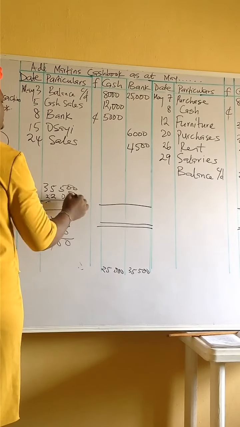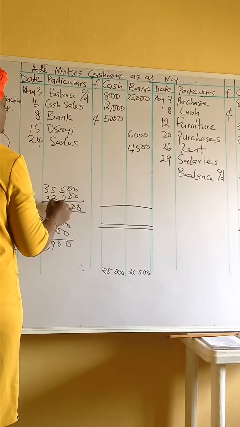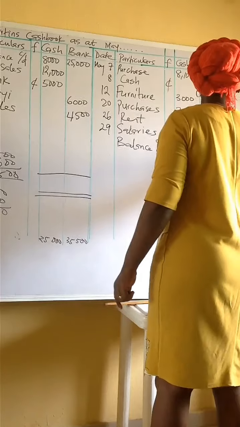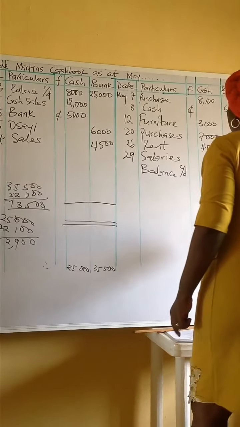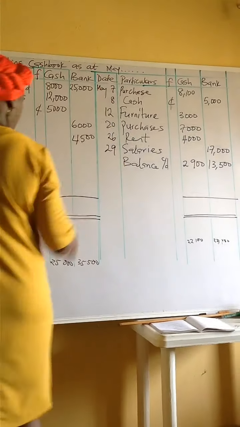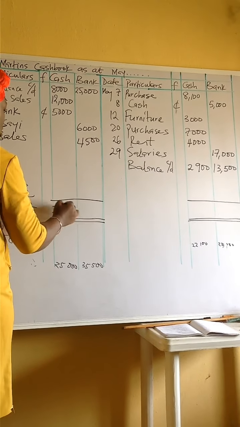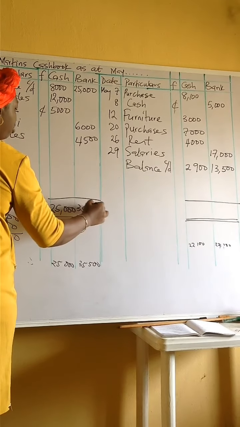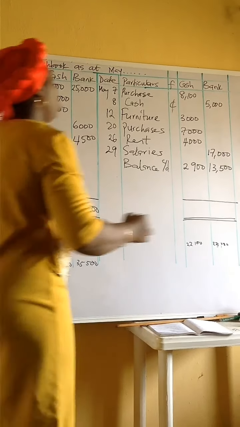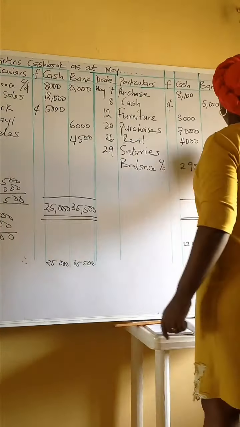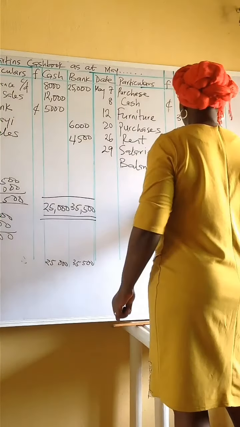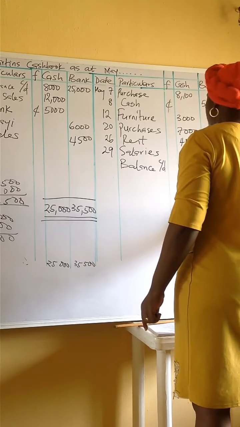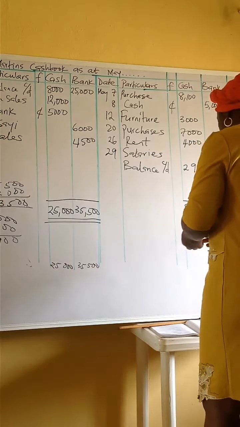Take away, and here you have 13,500. So you drop the total here because it's higher, 35,500. Since you've added this balance to this, your new total now will be 25,000 for the cash column and 35,500 for the bank column.